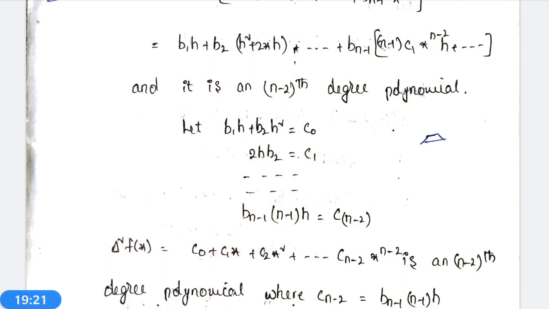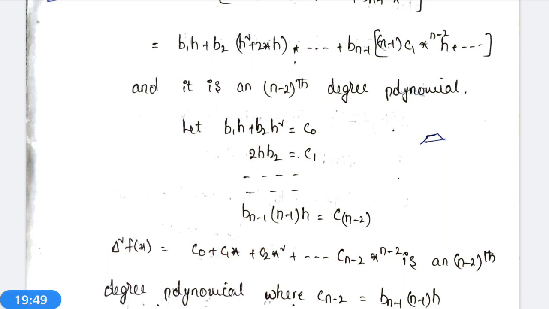And the third time, an into h cube into n into n minus 1 into n minus 2. Applying delta n times will give an into h power n into n into n minus 1 into n minus 2 etc., that is 1, into h power n.